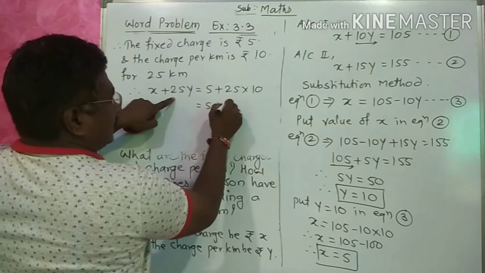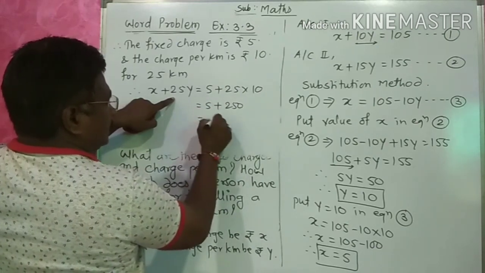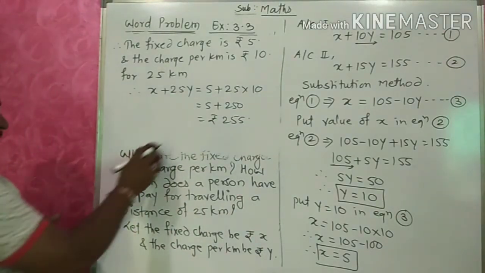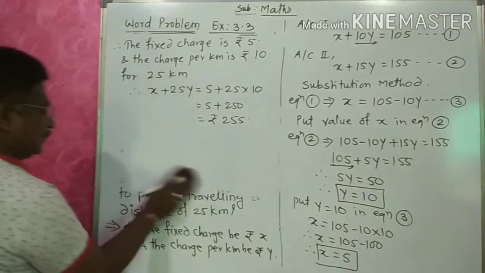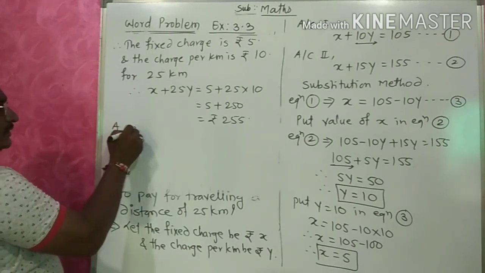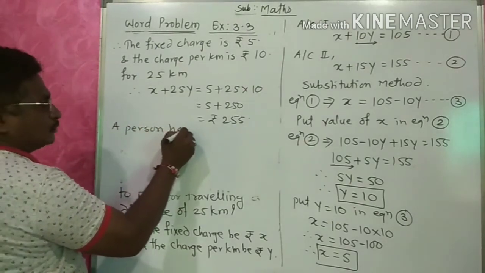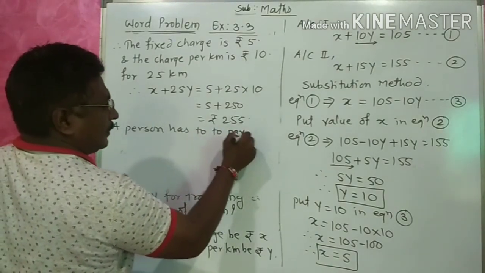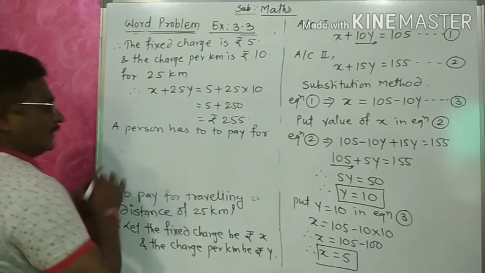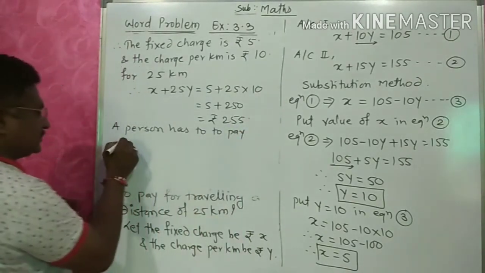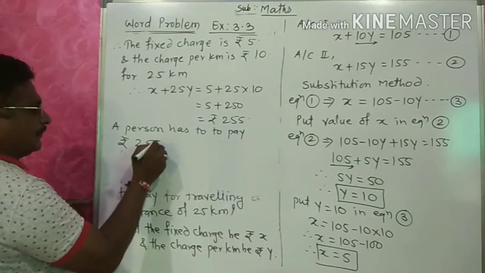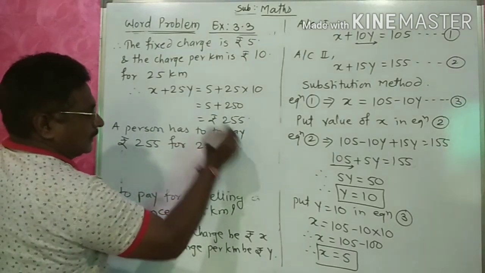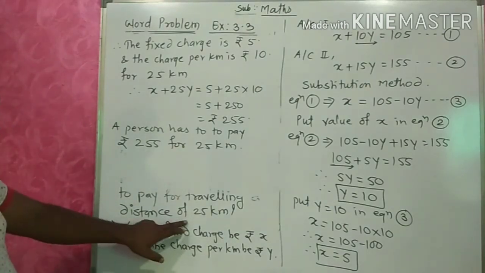So 5 plus 250 means rupees 255. A person has to pay rupees 255 for 25 kilometers. So we got the second question's answer.